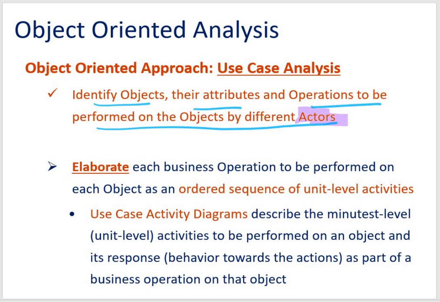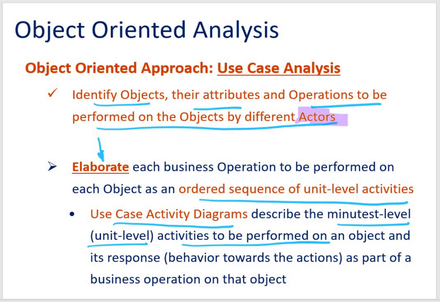Now next, I'll be elaborating it. So, identify objects, their attributes, and operations to be performed on the objects by different actors. Then, elaborate each business operation to be performed on each object as an ordered sequence of unit level activities.